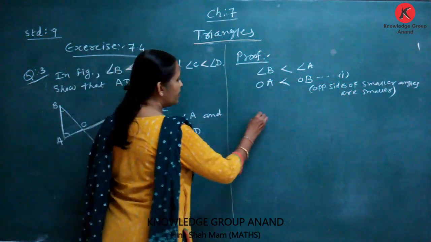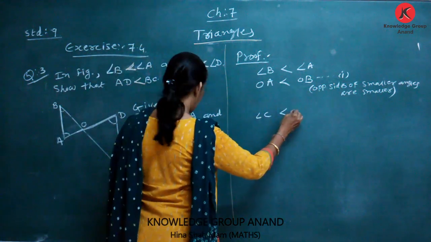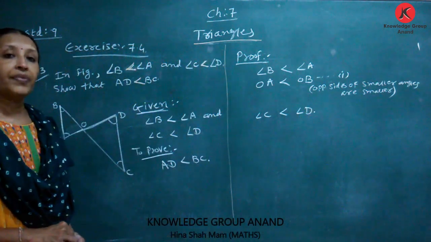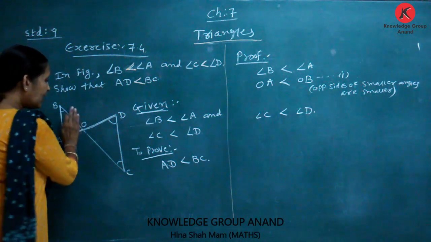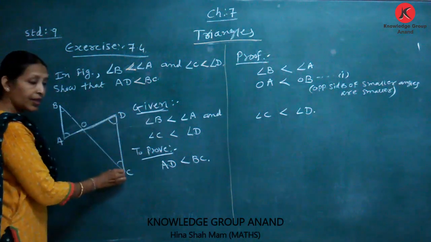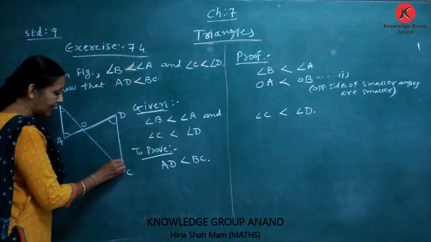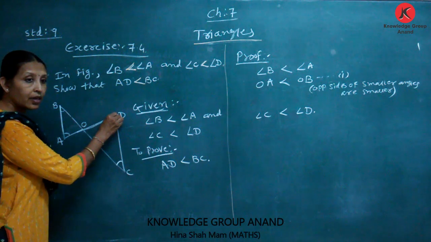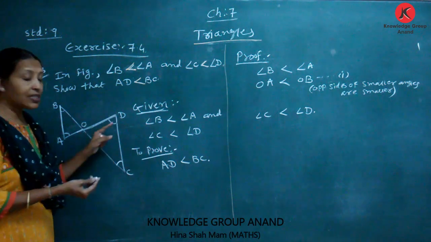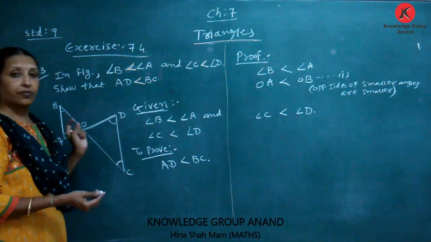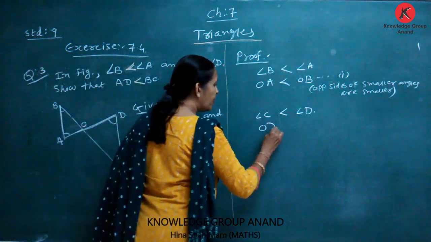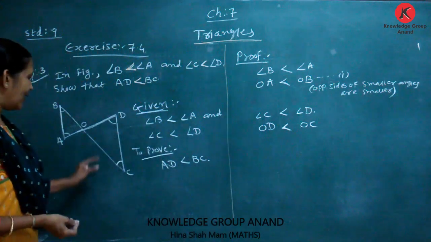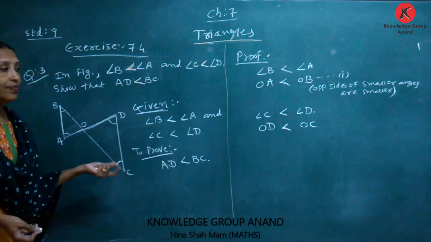Again, angle C is less than angle D. Now in triangle OCD, which is the opposite side of angle C? OD. And which is the opposite side of angle D? OC. Then we write OD is less than OC.